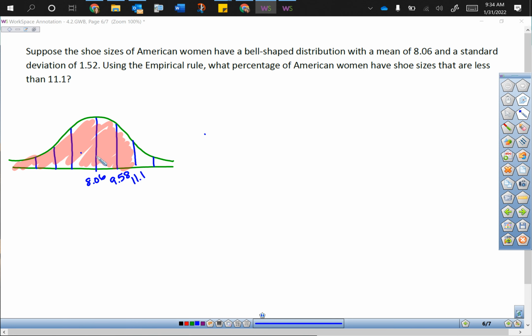You could also say, all right, I know that this 8.06 has to be what percentage? It's the average, it's the mean. It's in the middle. 50. So up to 8.06 is 50%, then you could add this and this. That would work. Or you could just take 100%, because you know that it has to be 100%, and take away this one and this one.